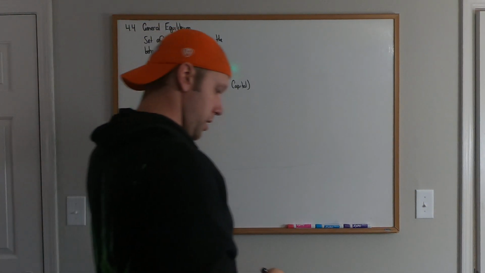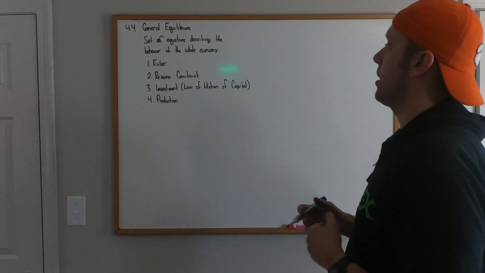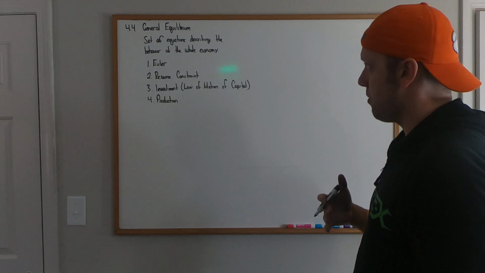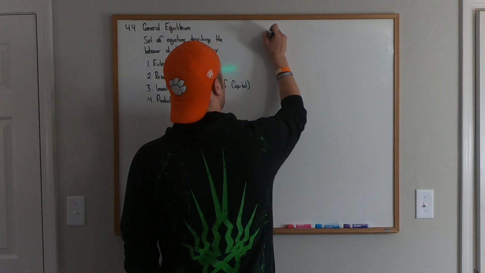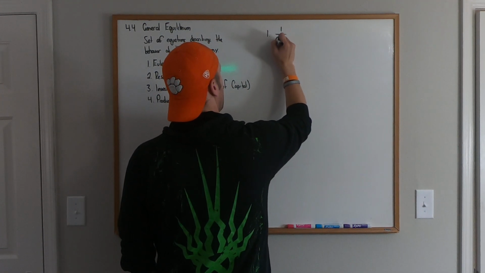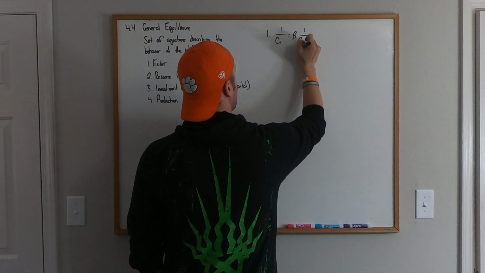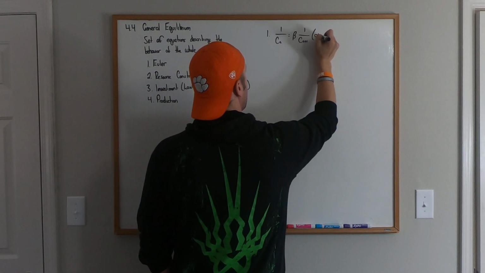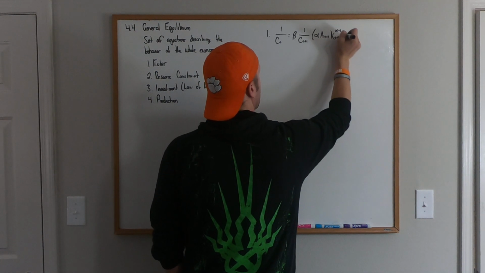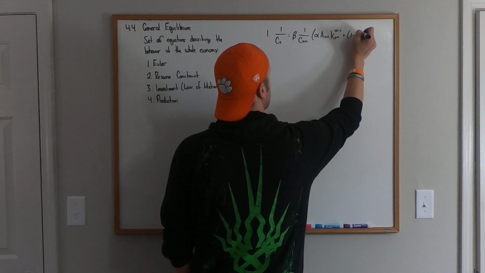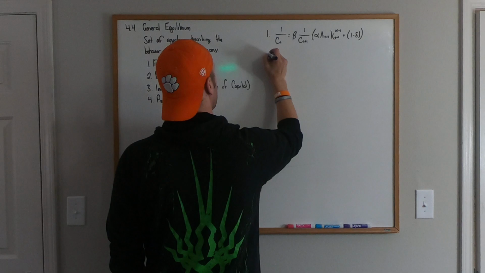Right, so with these 4 equations written out, I will be able to describe the aggregate economy. So, without further ado, let's get started. What's the first one? Euler. We have our Euler equation for the first one. 2.